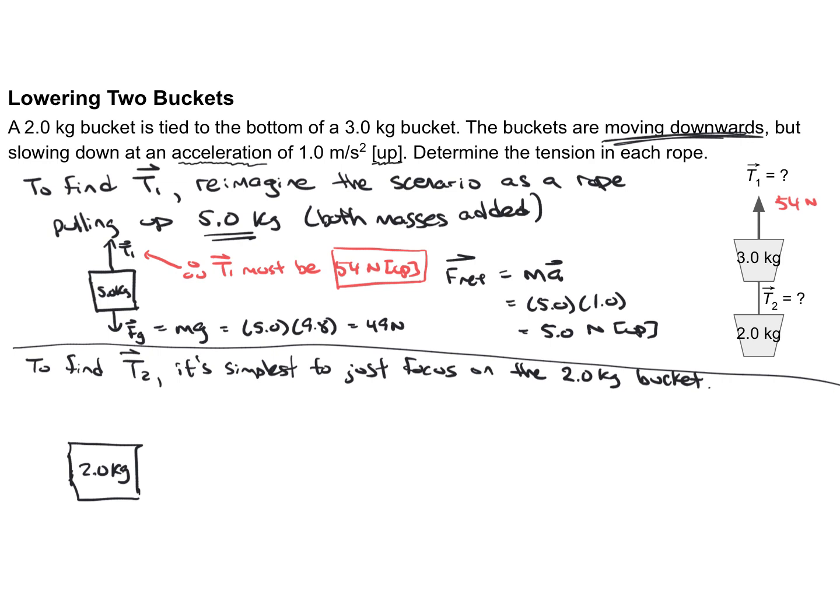Well, there's a rope pulling up on it, that's T2. Only the second rope is directly attached to the 2 kilogram bucket, so that's the only tension you draw in your free body diagram. And then there's gravity pulling down on it. And again, this gravity has to be less strong than the tension pulling it up due to the acceleration being upwards.